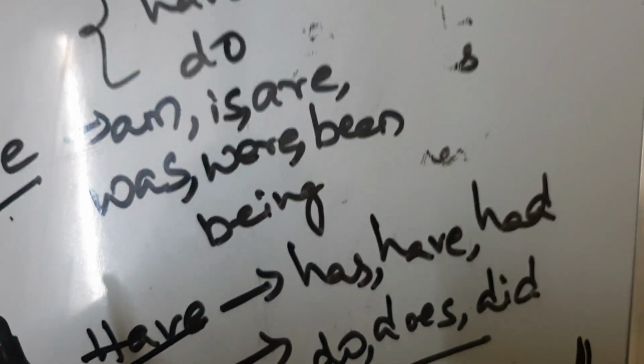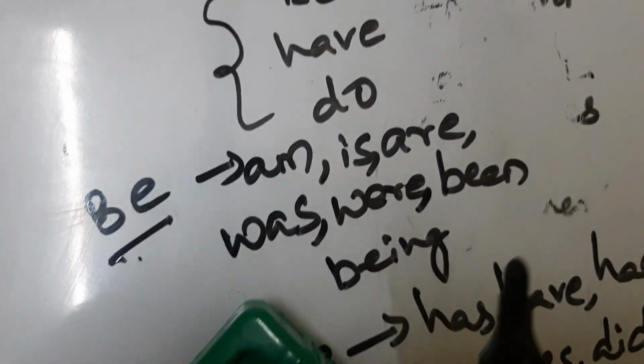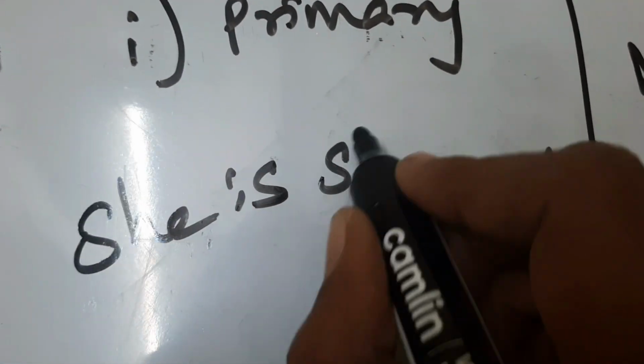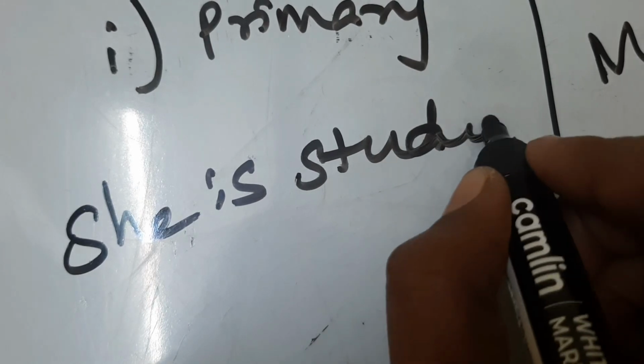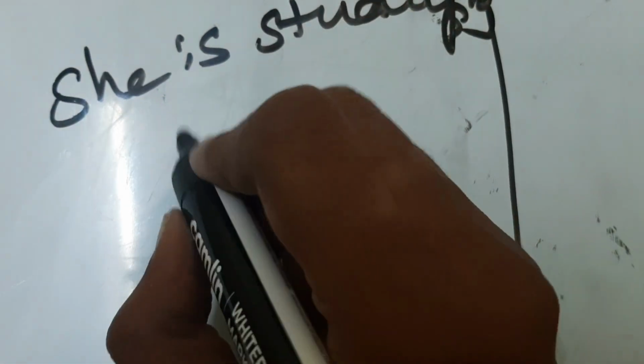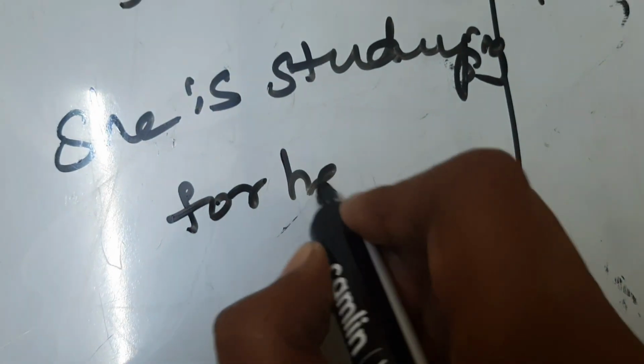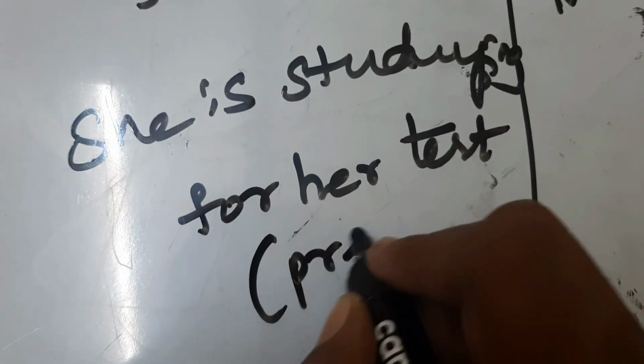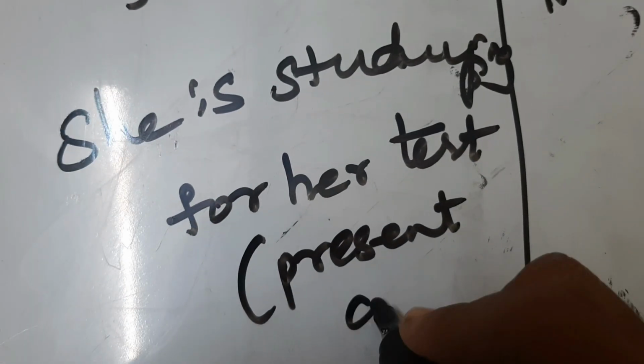We'll see the examples for these primary verbs here. She is studying for her test, which is present continuous tense.